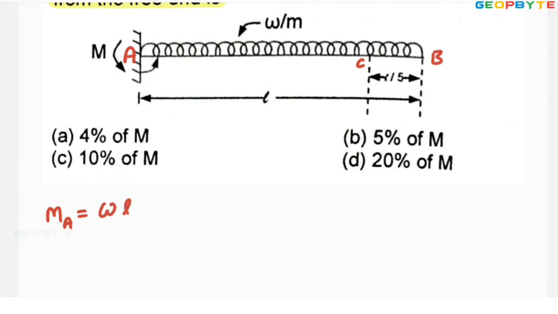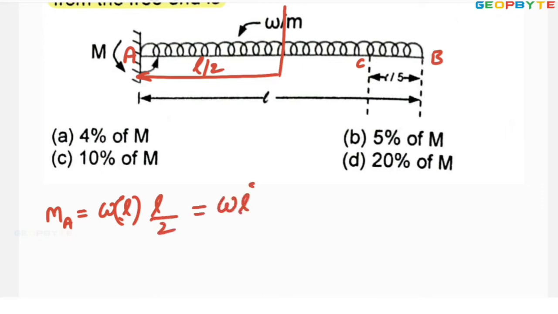Multiply UDL with UDL distance gives the point load. Assume that the point load is acting at the middle of the total distance. This distance will be equal to L by 2, into L by 2. It is equal to WL square by 2. That is the maximum bending moment, which occurs at the fixed end A.